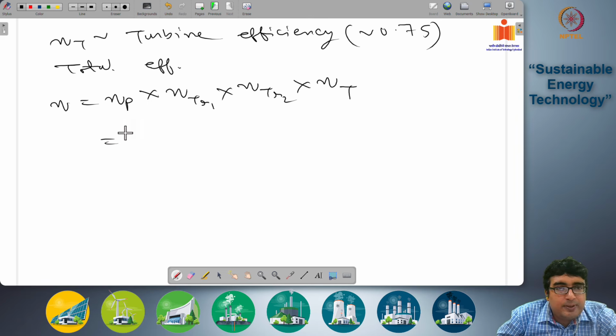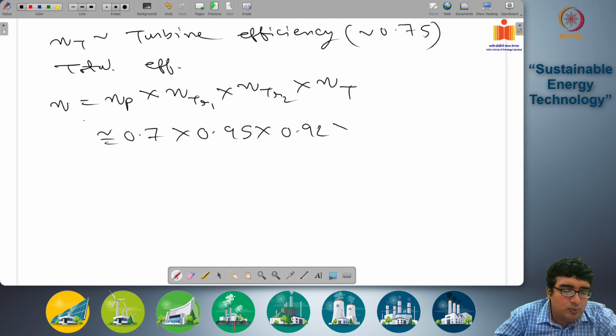So then this becomes of the order of 0.7 into 0.95 into 0.92 into 0.75. So this is of the order of 0.46.